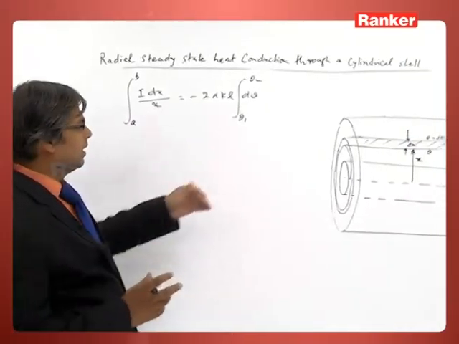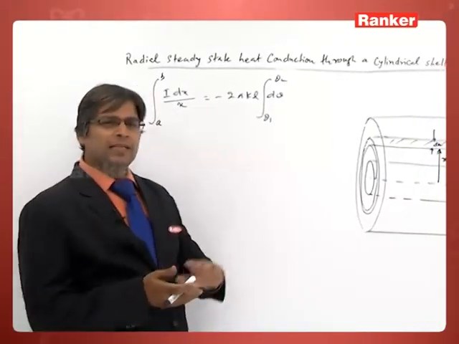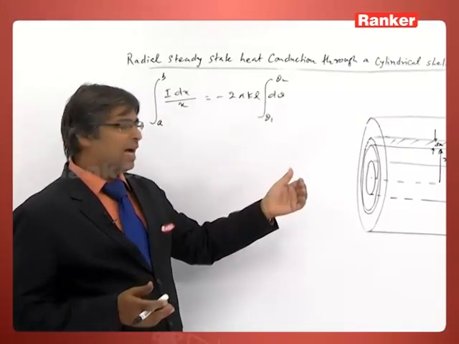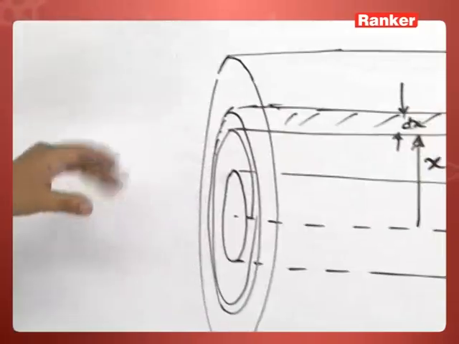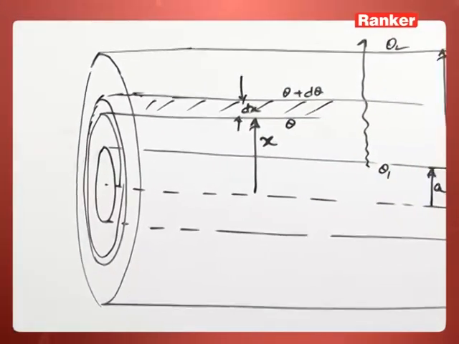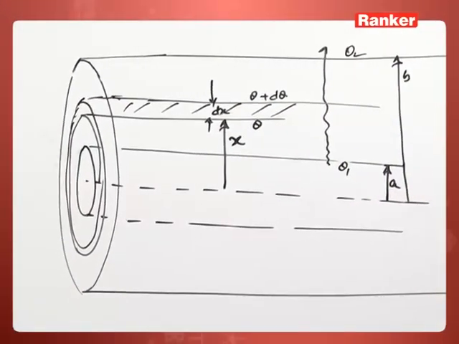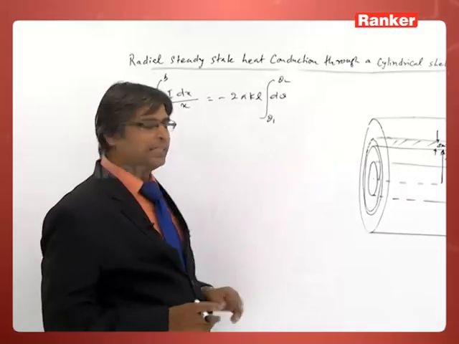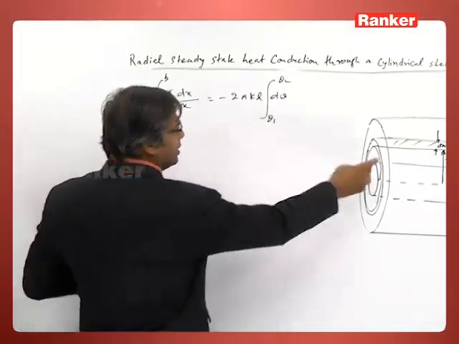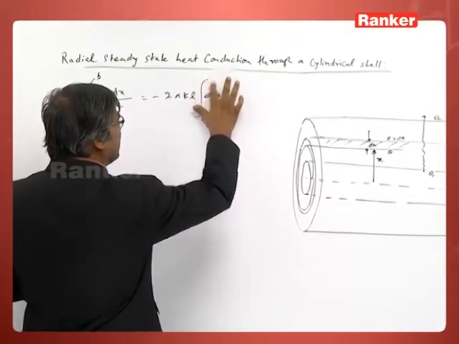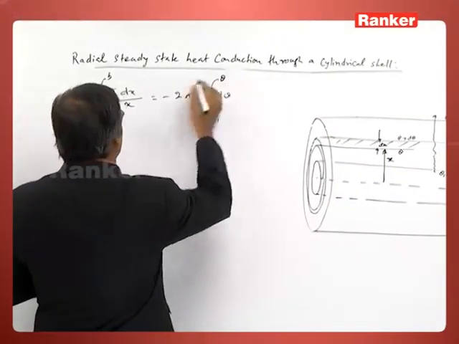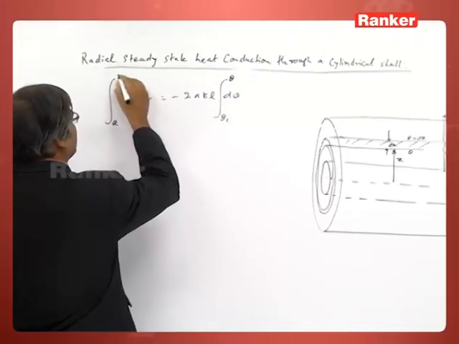Now, previously in that spherical case I took some series type situation. Here I will directly use the same result to calculate the temperature difference. Suppose here temperature is theta 1, here it is theta 2 and I assume that this is theta at some value of x.